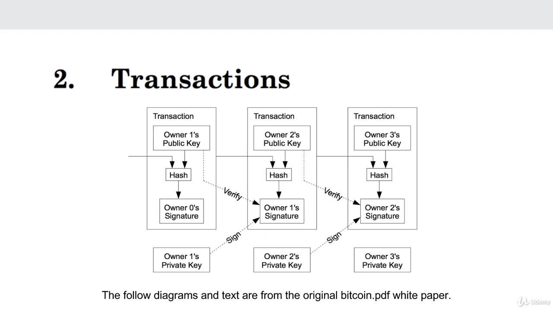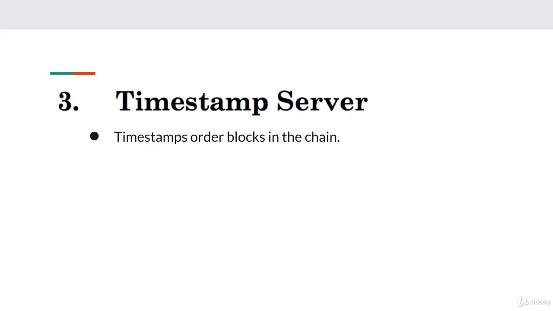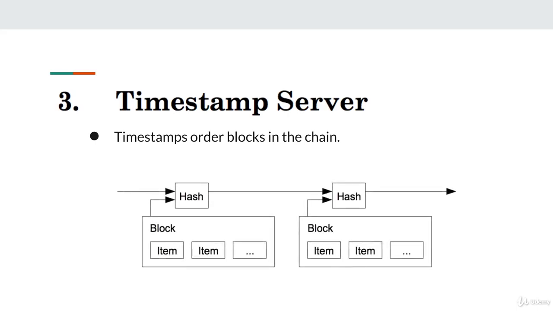This is something we'll include with the transactions in our own cryptocurrency. Next, Nakamoto brings up the timestamp server, which is a necessary component for the blocks in order to order them properly in the blockchain. Each unique hash value of a new block in the chain incorporates a timestamp of the last block. That way, a chain is created based on the linked hashes of each block.